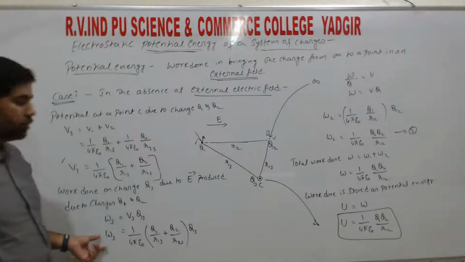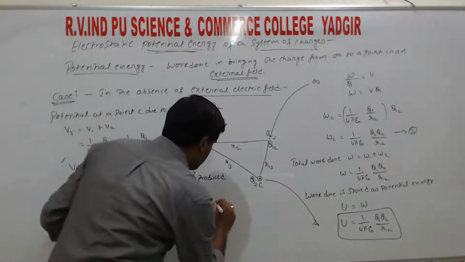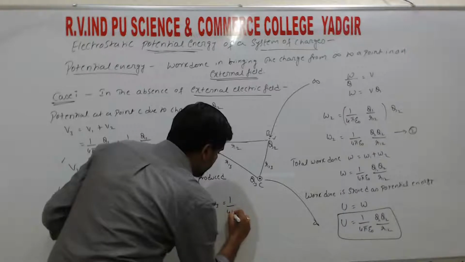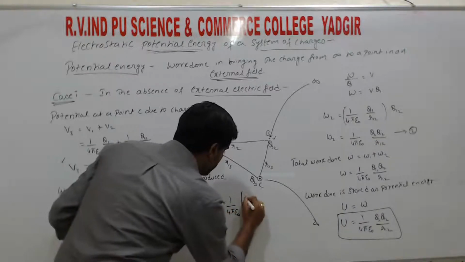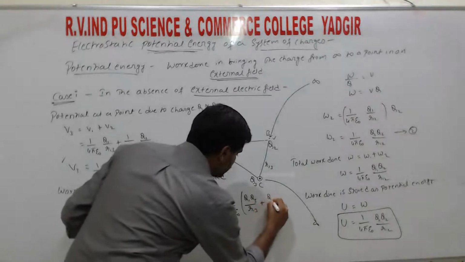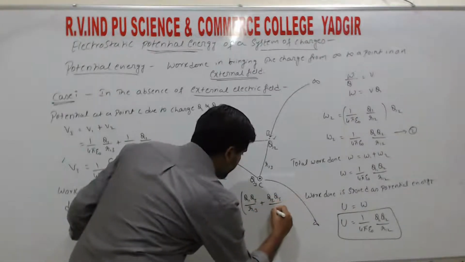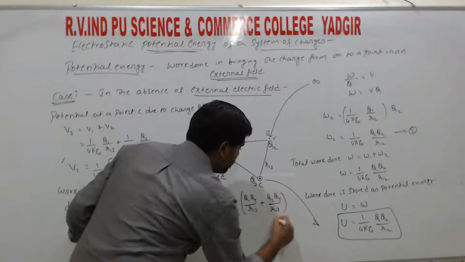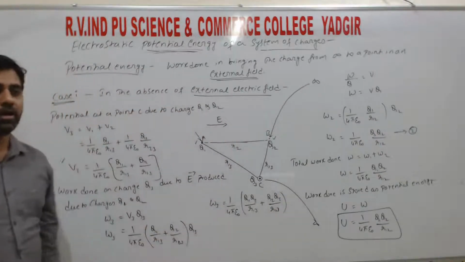Now multiplying inside the bracket, 1 divided by 4 pi epsilon naught, Q1 Q3 by R13 plus Q2 Q3 by R23. So this gives the work done.